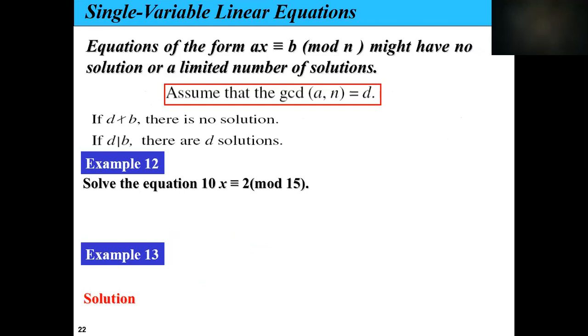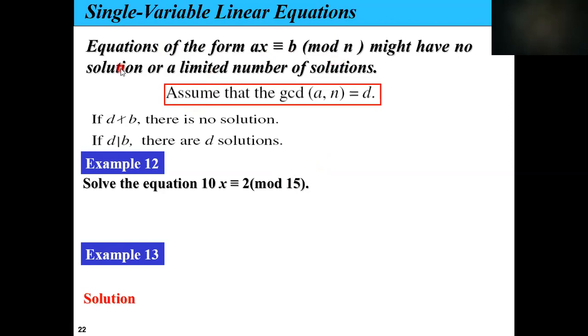So for single variable linear congruence, the equation is of the form ax congruent to b mod n.